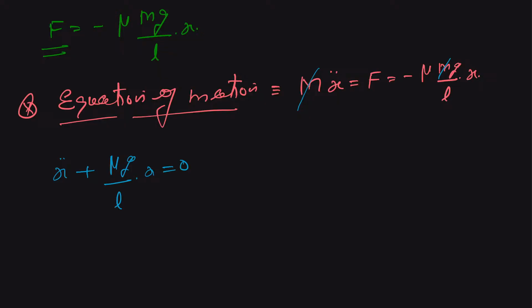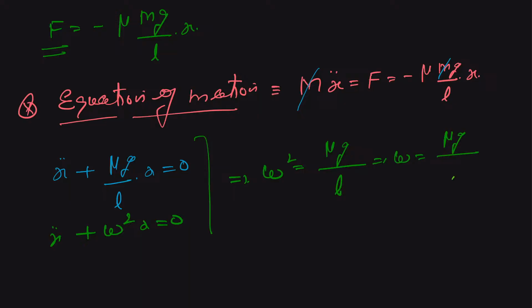0, and this equation is equivalent to our SHM equation, which is x double derivative plus omega square times x is equal to 0. Therefore from here we can say that our omega square is equal to mu g upon L, which gives us that the angular frequency omega is the square root of mu g upon L. So this is our equation of motion.